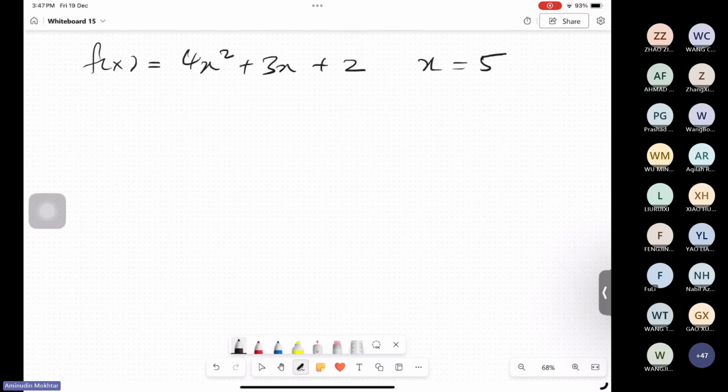Determine whether this function is continuous or not when x equals 5.